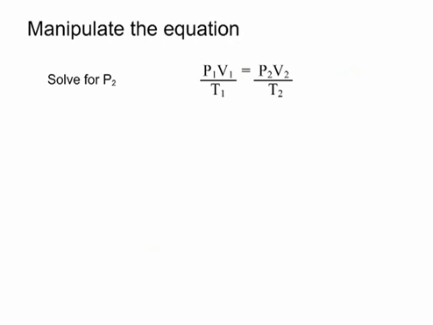Okay, so now what we are going to do is manipulate this equation, starting with P1 V1 over T1 is equal to P2 V2 over T2. I want to make sure that everyone knows how to manipulate these equations. Solving for P2, remember these are cross multiplications, right? There's an equal sign in the middle. So if I told you to solve this for P2, you would cross multiply.